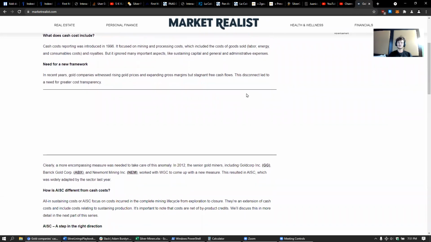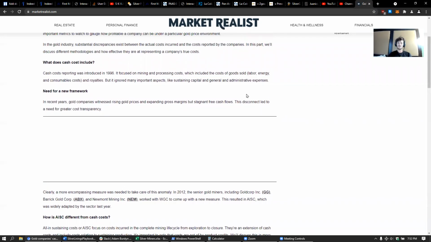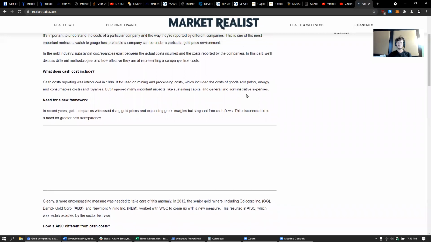And Glenn, that kind of seems to me like an accounting trick, that we can make something look more profitable than it is if we're ignoring sustaining capital on an ongoing basis and general administrative expenses. Those are very real costs that can determine whether a company closes or continues to operate, right?